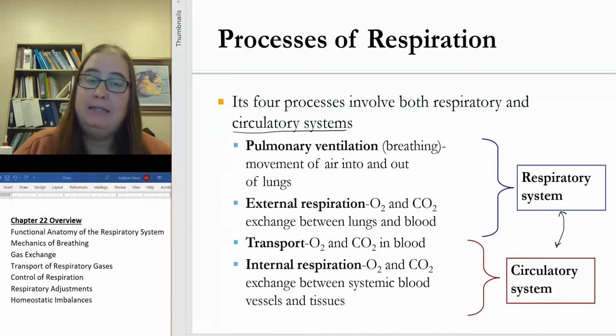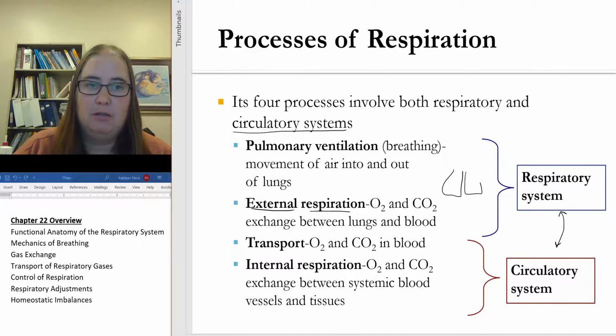Now, in addition to our respiratory system serving as this mechanism of air movement, the respiratory system will also carry out what's known as external respiration. External respiration is the exchange of gases, whether it be oxygen and or CO2, between the lungs and the blood. So what we're going to learn is there is an exchange.